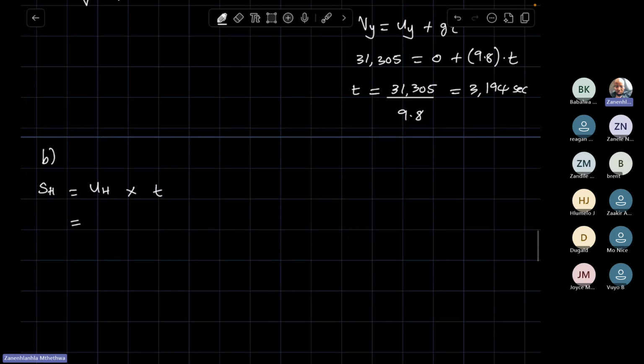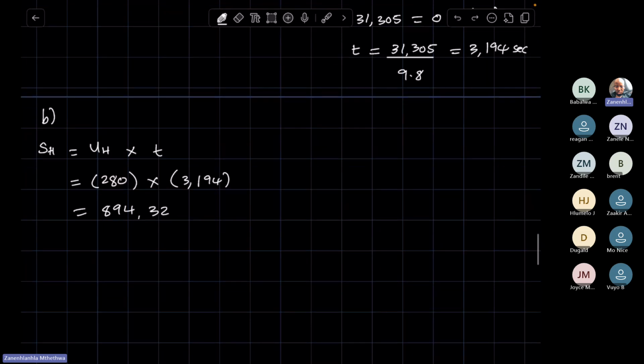UH is given, it's 280. The time we just calculated is 3.194. So this would be 280 times 3.194, which is 894.32 meters.